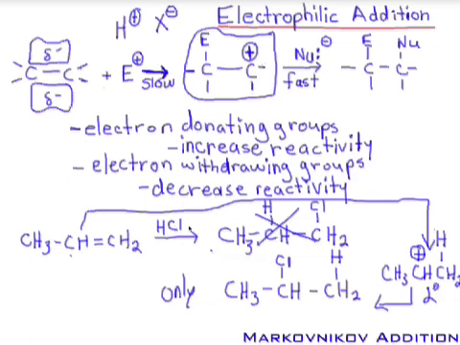And indeed, that appears to be the case. The H plus added to the CH2 of the double bond, not the CH. It added to the carbon of the double bond that has the most H's. So this H going on the CH2 is said to follow the Markovnikov.